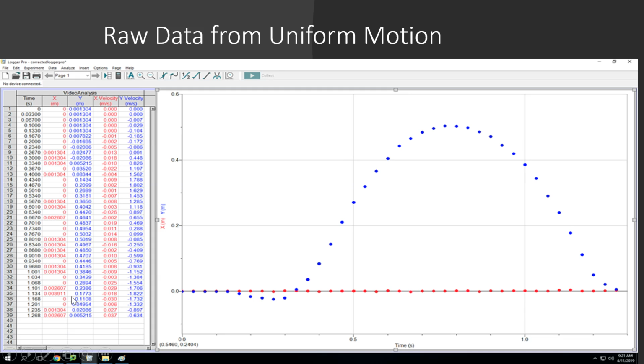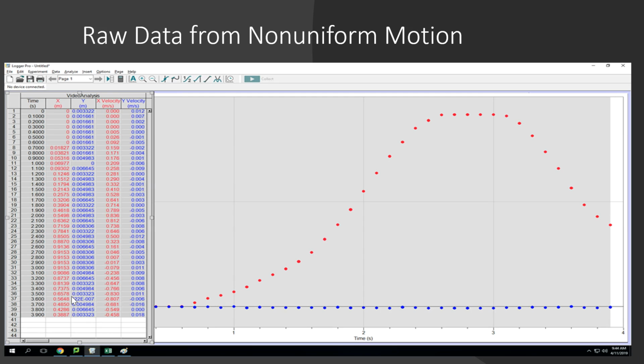So here's our raw data from the uniform motion. As you can see, there's the table to the left that shows x, y, x velocity, y velocity, and the amount of time that was logged, and this is all for uniform motion. And here is raw data from non-uniform motion, or this is the ball toss.